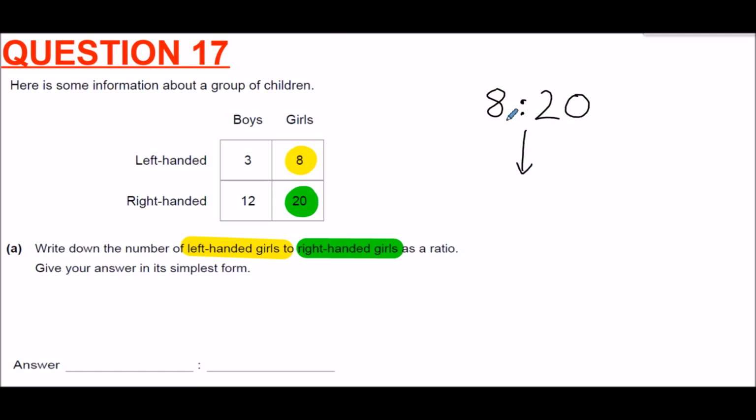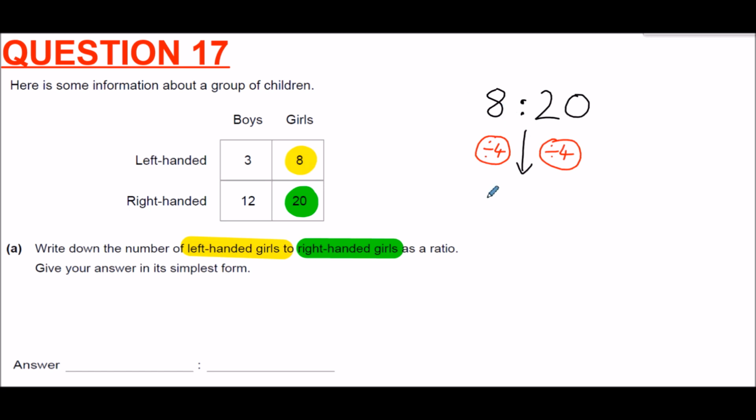So what can we divide 8 by and 20 by? If you're not sure, you can just half them. If a number's even, if in doubt, half each number. However, hopefully you'll spot that 8 and 20 are both in the 4 times table. And so what that means is we can divide both sides of this ratio by 4 to get the simplified answer in one move.